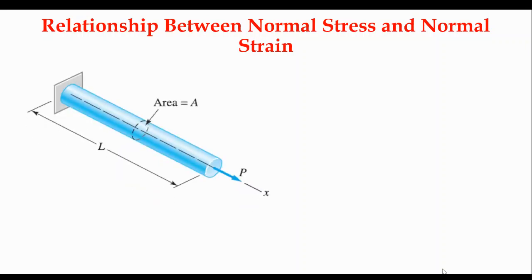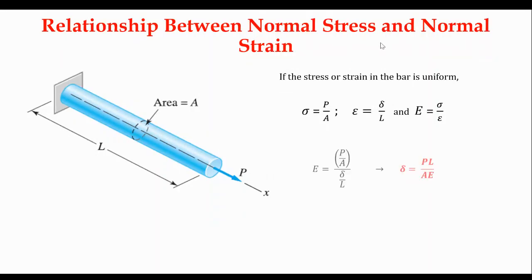Previously, we have already established three relationships: stress is equal to force over area, strain is equal to deformation over length, or the change in length over the original length, and elasticity is equal to stress over strain.